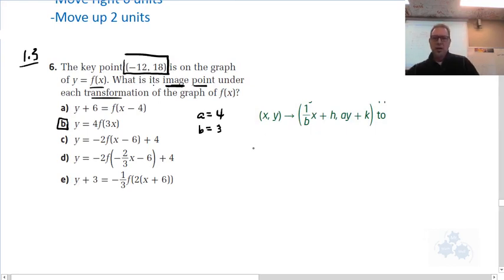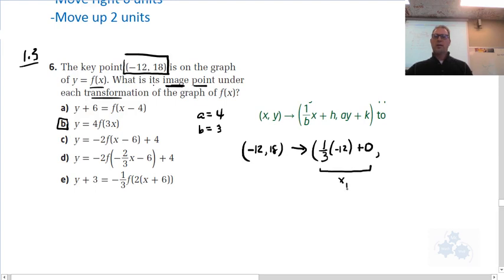So watch this. Our point is negative 12, 18. That's like x, y. So what we're going to have to do to this is B is 3, so I'm going to have to go 1/3 of my x value. There's no H, right? H is 0, so plus 0. So that's going to give me my new x value there.